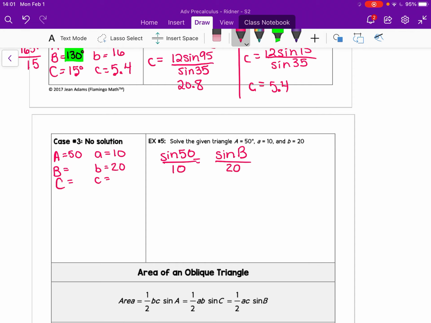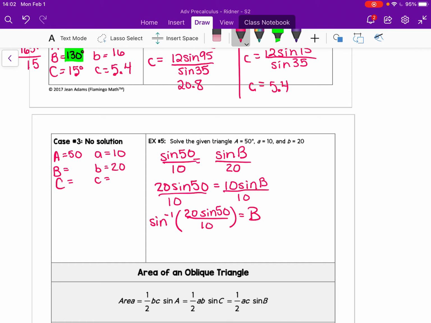All right, so I will go ahead and take the time to cross multiply, divide, and then inverse. So what I would type in my calculator would be this. But let's take a second to think this through. 20 divided by 10 is the same thing as just 2, right? So 2 sine 50.